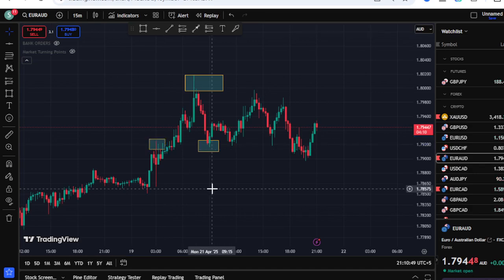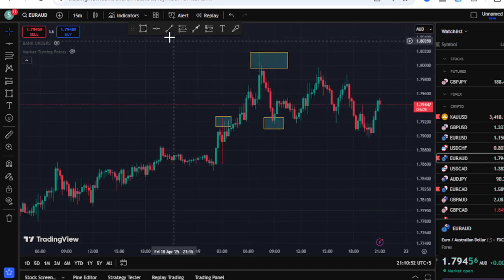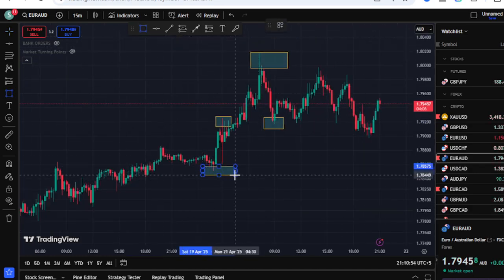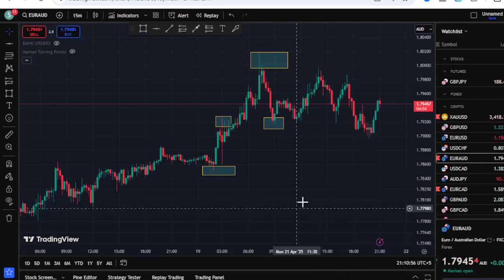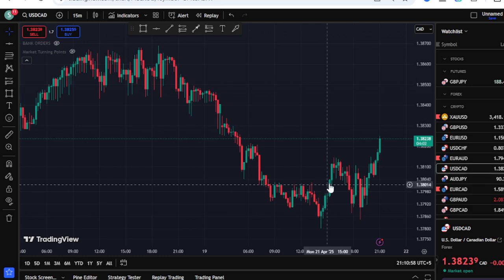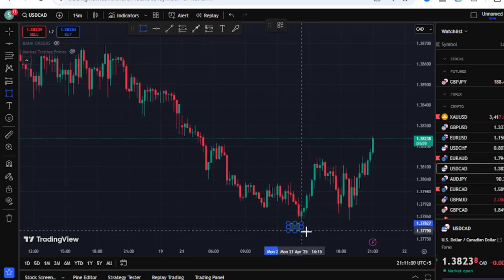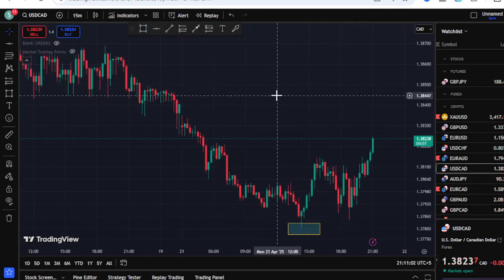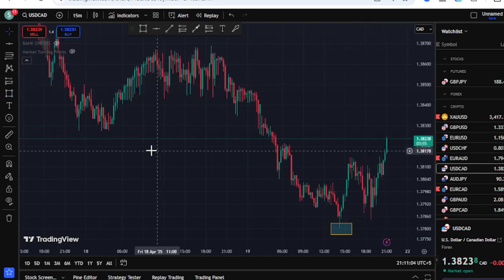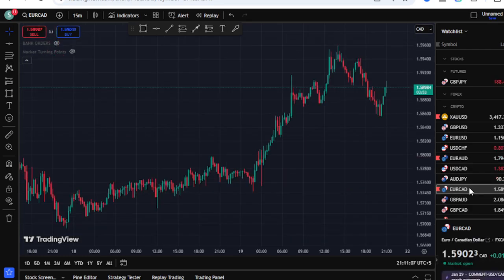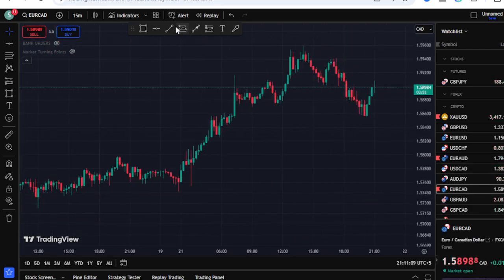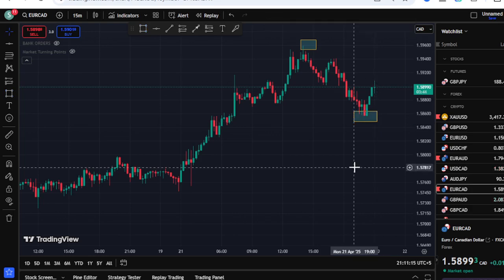Look, this is the single high, and this is the single low. Let's change our chart and look, this is the single low. Similarly, on the next chart, this is the single high, and similarly, it's making the single low.